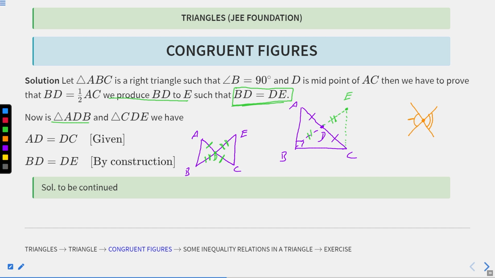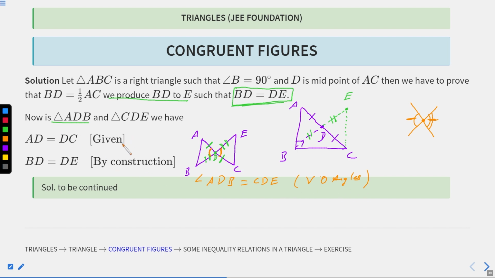So as you can see here, we have an intersection, and from this I can say angle ADB is equal to angle CDE, because vertical opposite angles are equal.